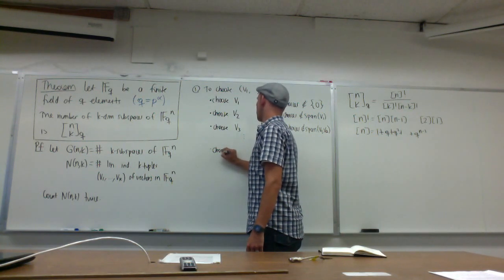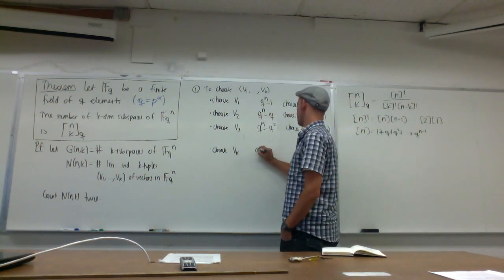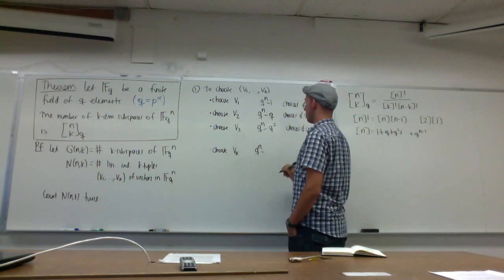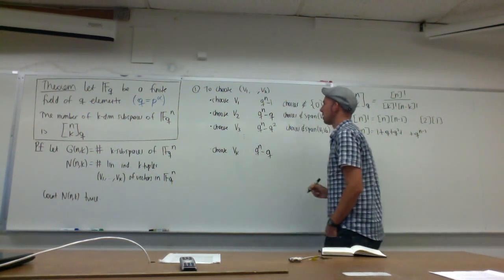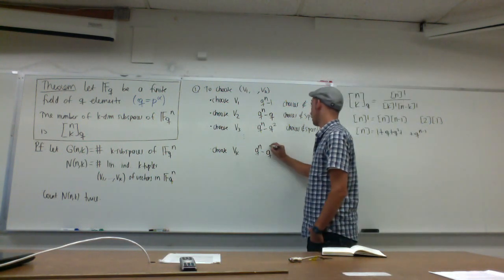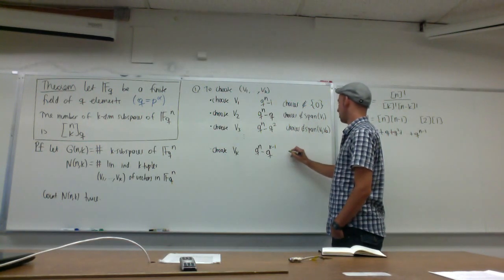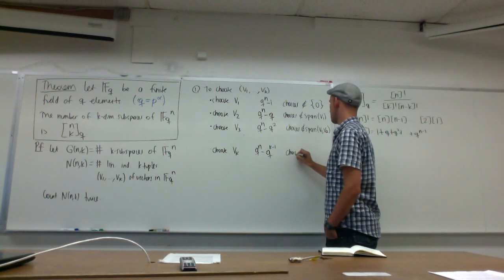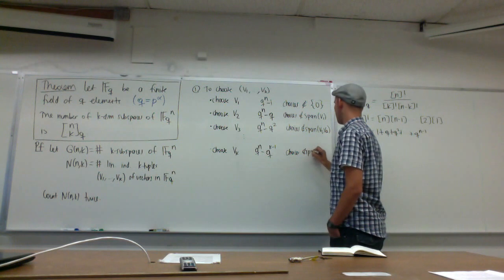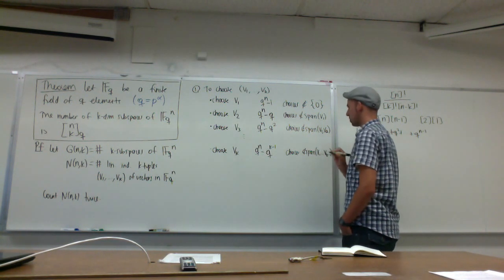So finally, when I choose vk, what are the possibilities? Well, it says q to the n minus q to the what? K minus 1, right? So choices not in the span of the previous ones, V1 up to vk minus 1. Okay?